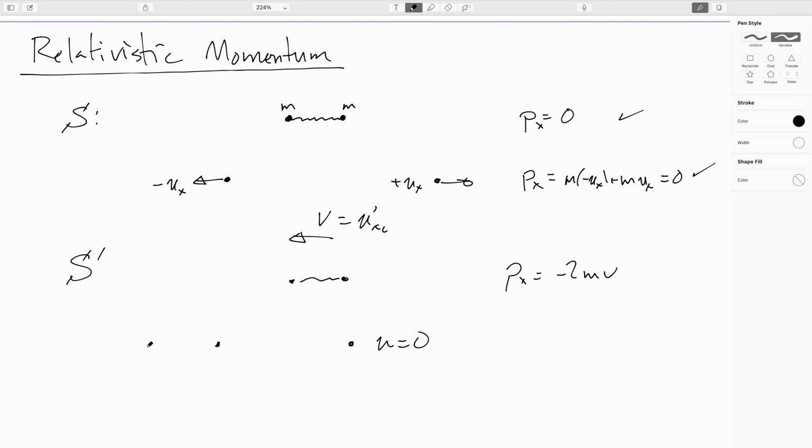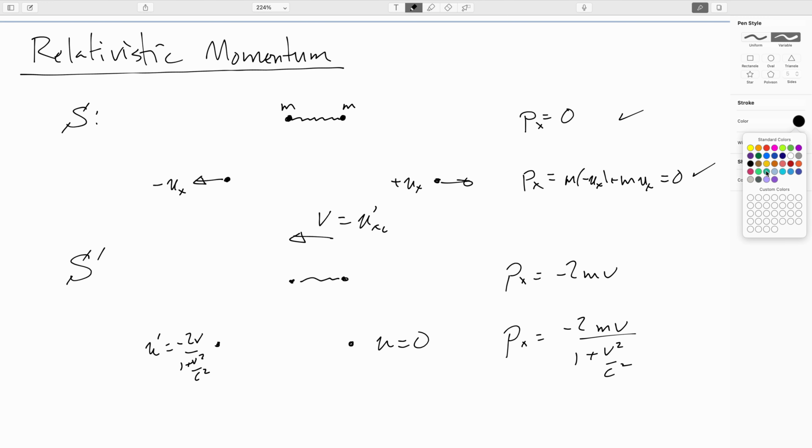So we get that u prime is minus 2v over 1 plus v squared over c squared. So we're picking the frame where this is initially seen as going as fast as that one was before, but in a way to make it seem like it's stationary. So anyway, we figure out the total momentum. It's minus 2mv over 1 plus v squared over c squared. And that's a problem because they're not equal.